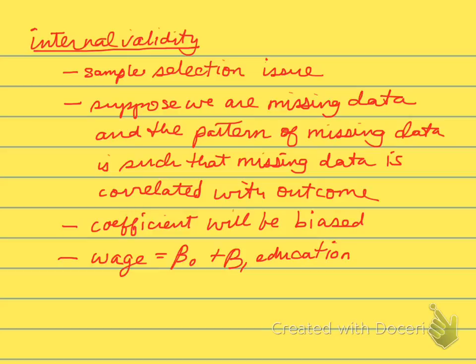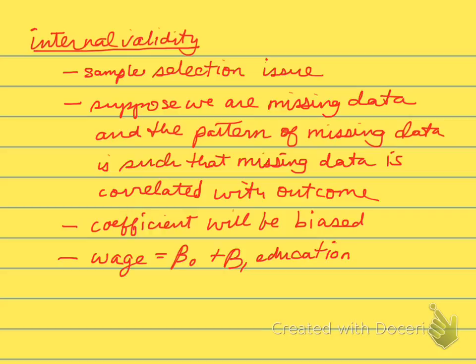That is, we're not seeing observations that we might have sampled from the population, and the reason we're not seeing those observations in our data set is because of the outcome that those observations might have. If that's the case, then the coefficient that we estimate will be biased.